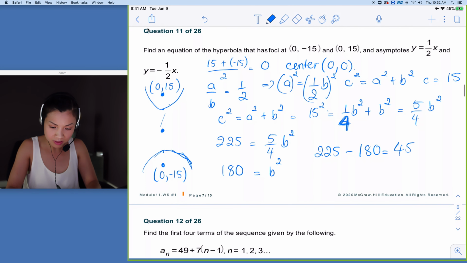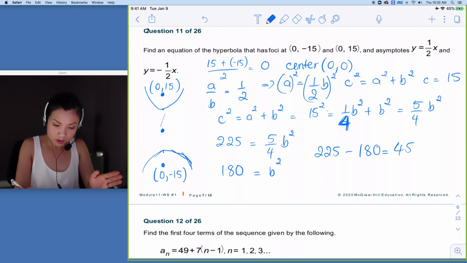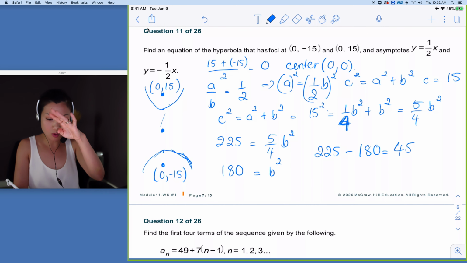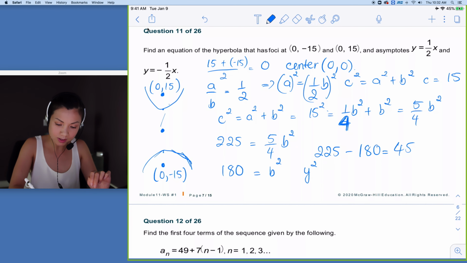So we have everything now. Don't forget, this is for the y, so I'm going to put y squared first over 45 minus x squared over 180 equals 1. So that's my equation.